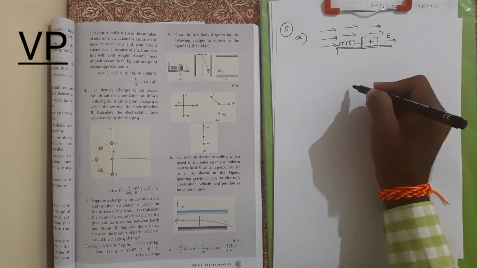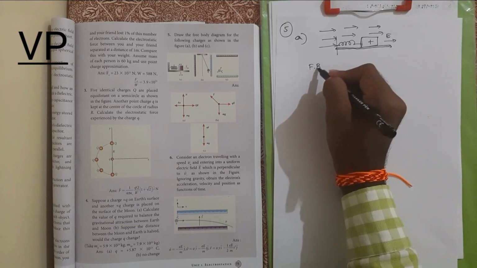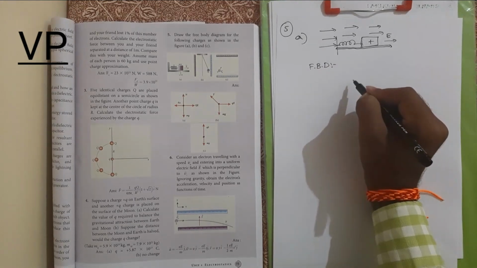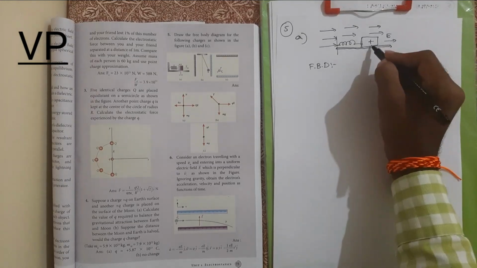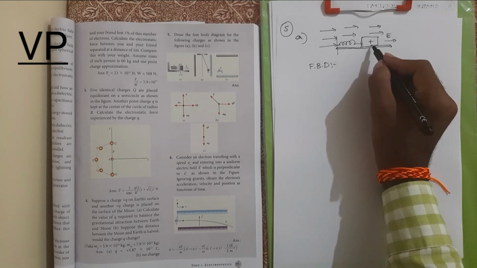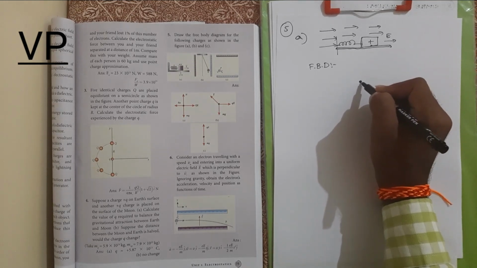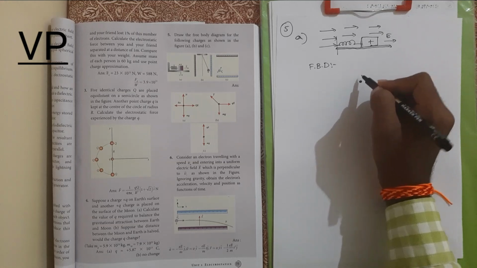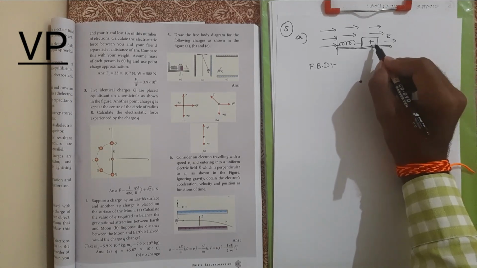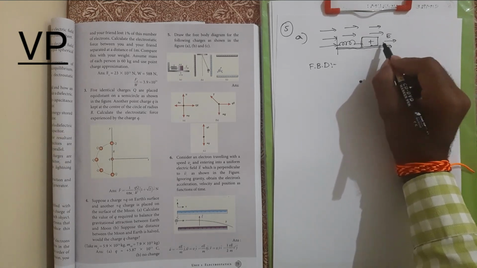In the free body diagram, which we call FBD, we have to show all the directions of forces acting on this charged particle. The electric field is along this direction such that the charge plus q also moves along the direction of the electric field.